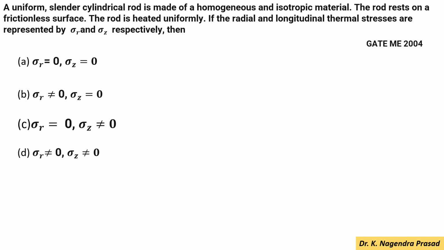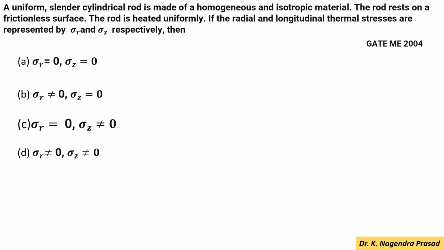Let's see the another question. A uniform slender cylindrical rod is made of a homogeneous and isotropic material. The rod rests on a frictionless surface. The rod is heated uniformly.